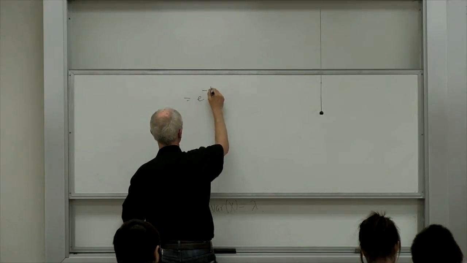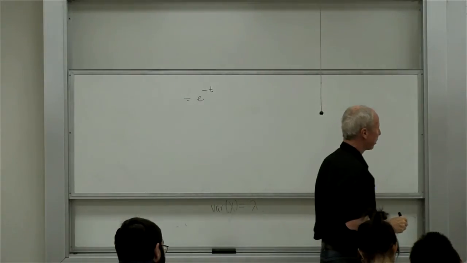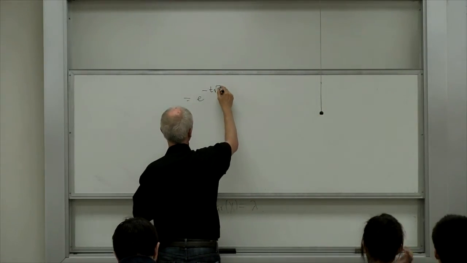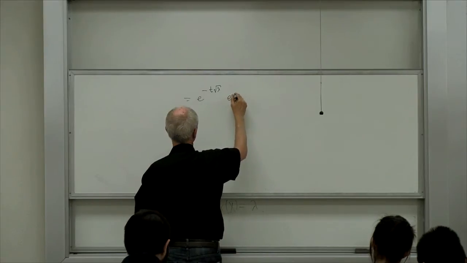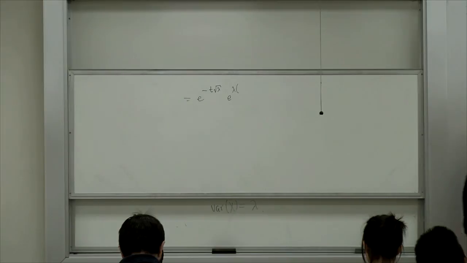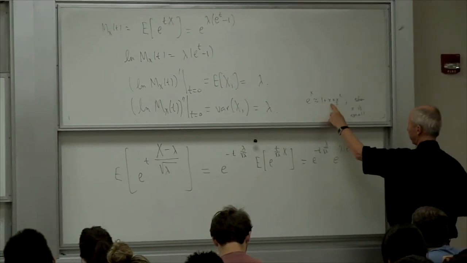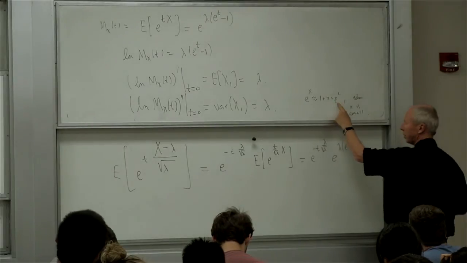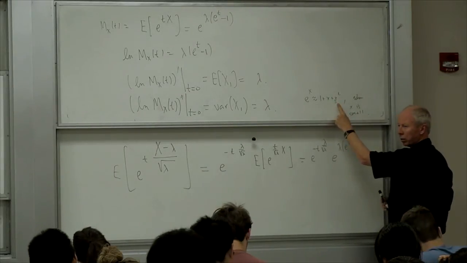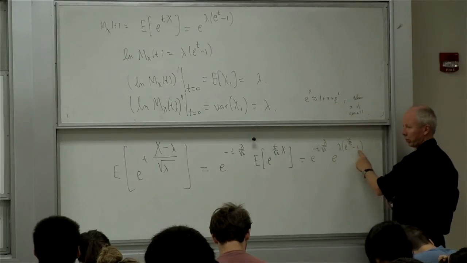So actually, maybe now I'll change this to the first term to e to the t times root lambda. And I have e to the lambda times, I'm going to use the approximation that this is going to be like 1 plus t over root lambda, and then t squared over 2 lambda, right? And minus 1.